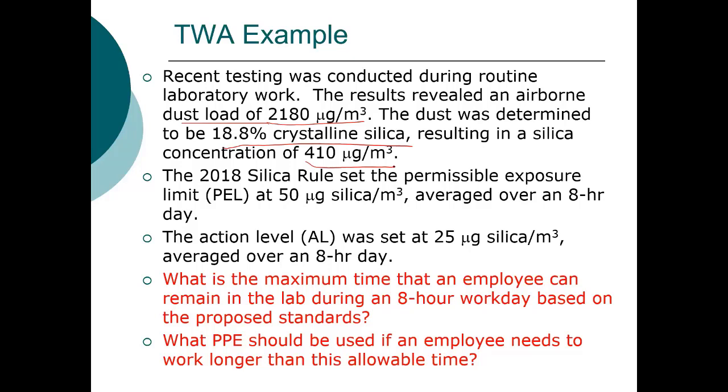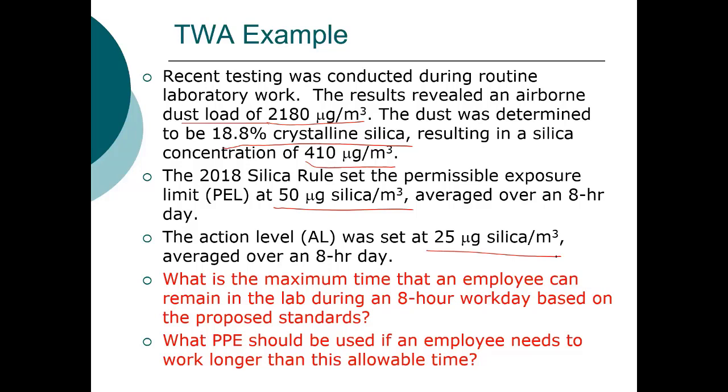The 2018 silica rule set the permissible exposure limit, the PEL, at 50 micrograms of silica per cubic meter averaged over an 8-hour day. And the action limit was set at 25 micrograms of silica averaged over an 8-hour day.